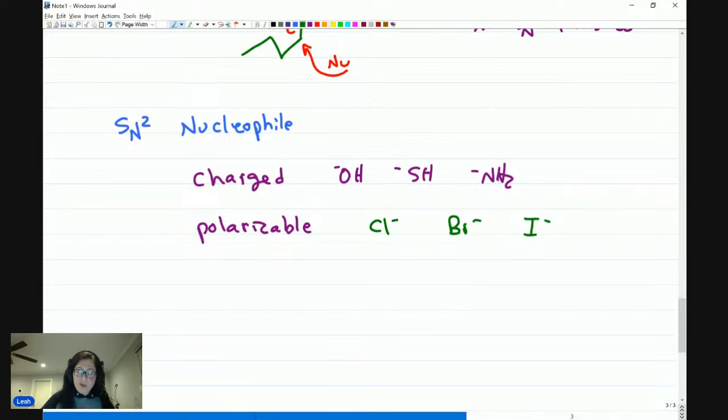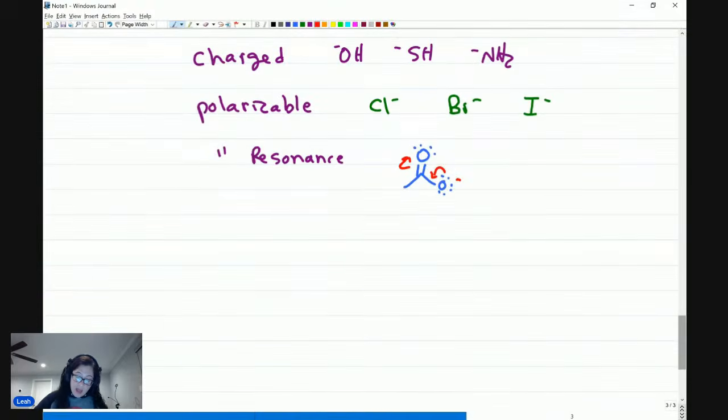Another class of polarizable is if I have resonance. So resonance falls under polarizable, but it is a unique case. For example, if I have an acetate, acetate is very stable because I have a negative charge, or stable enough. I have a negative charge that is resonating over the 2 oxygen atoms. But if I look at the resonance hybrid, that is the in-between of the 2 resonance structures, and I have my partial negative here and my partial negative here.